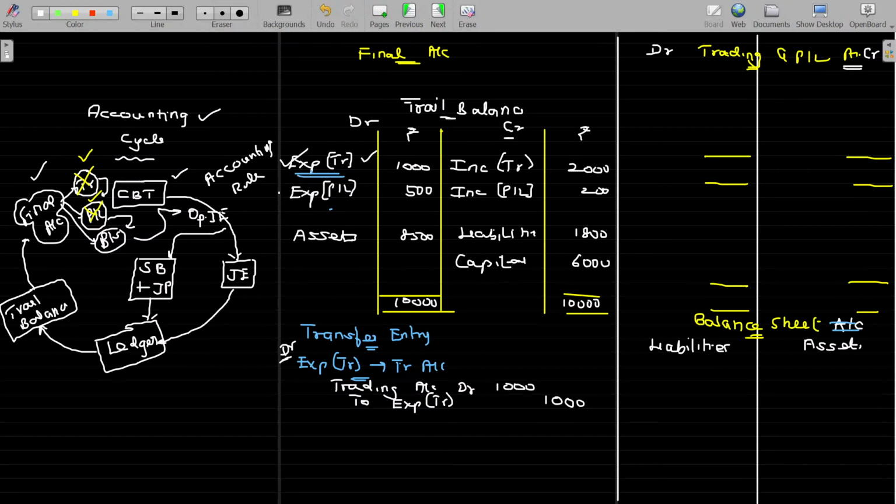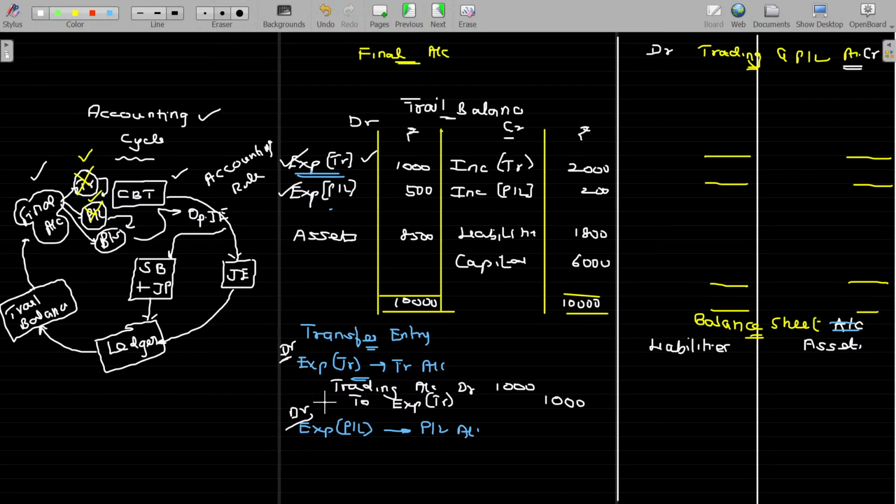And what about this entry? Expenses to P&L account. Expenses related to the P&L account will be transferable from the expenses to the P&L account. Further, the journal entry being, okay, expenses of P&L account to P&L account. As expenses are a debit, to transfer this debit, what should we do?